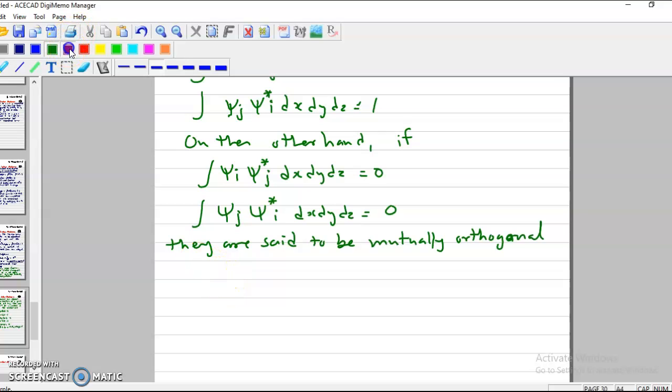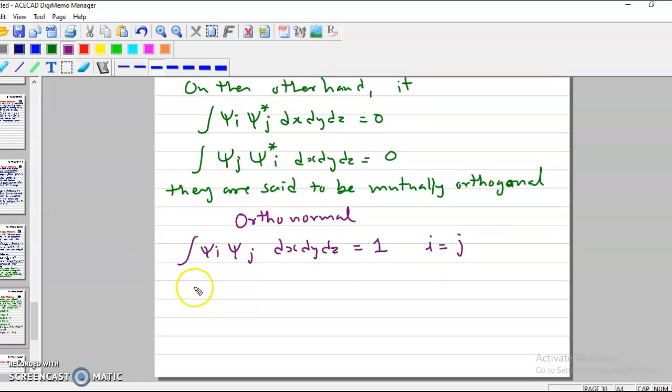So orthonormal functions are like this: psi i into psi j dx dy dz is equal to 1 when i is equal to j, and it is equal to 0 when i is not equal to j.